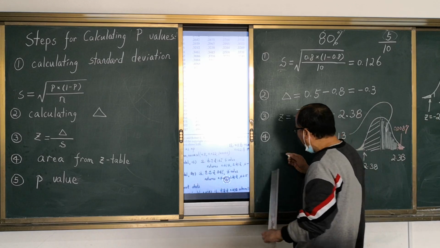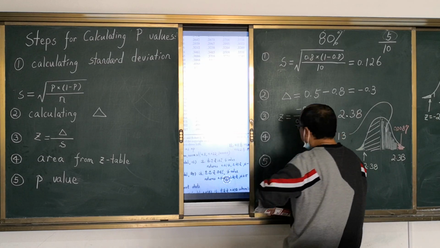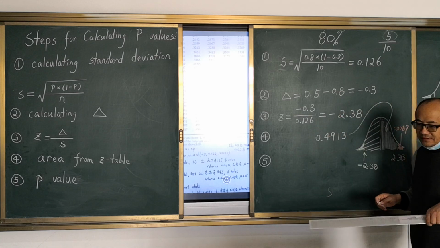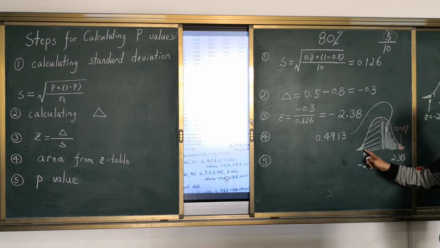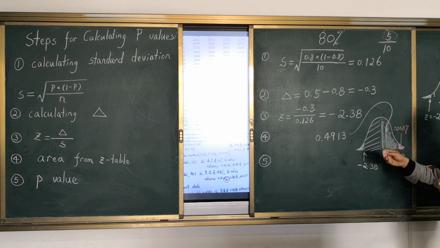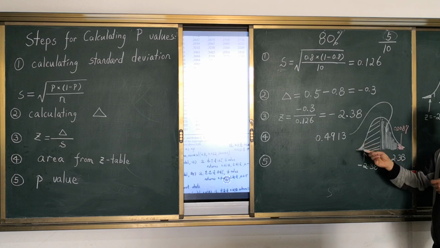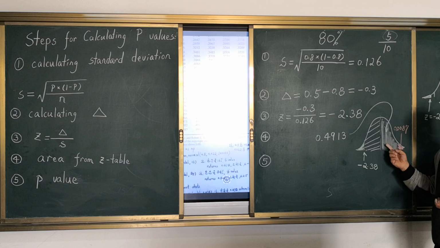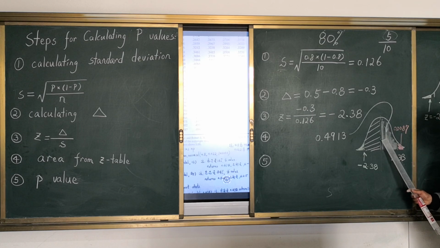And step 5 is to find that small tail. Do a little bit of calculation based on what you find, because your z table gives you this area.